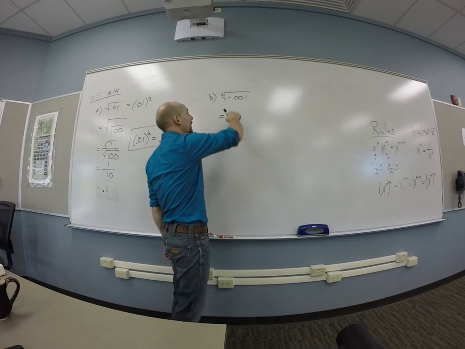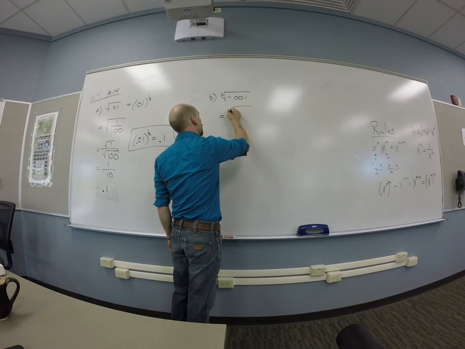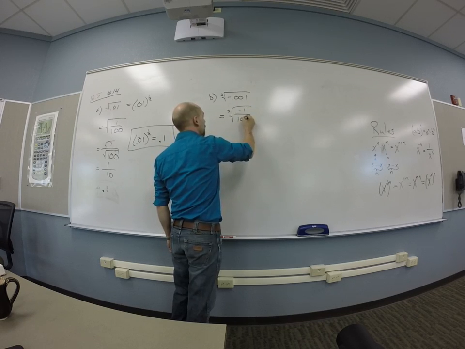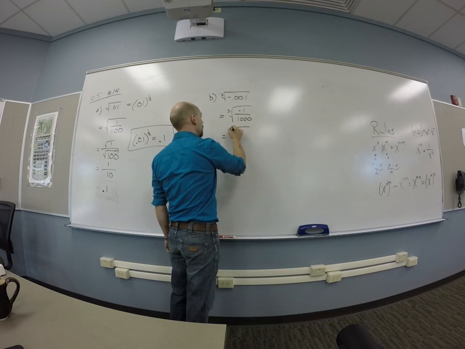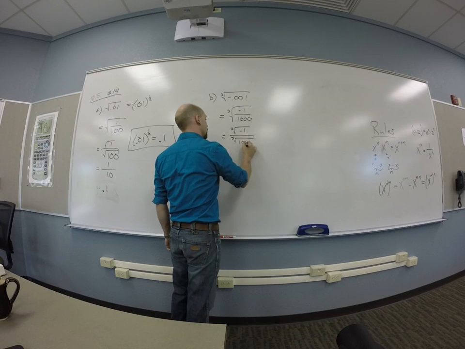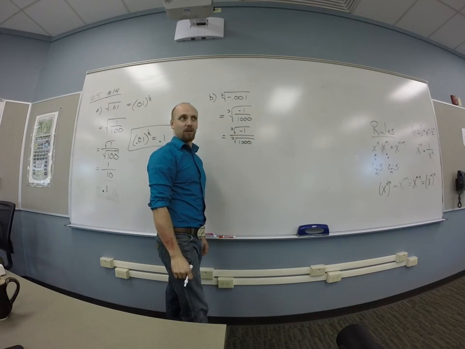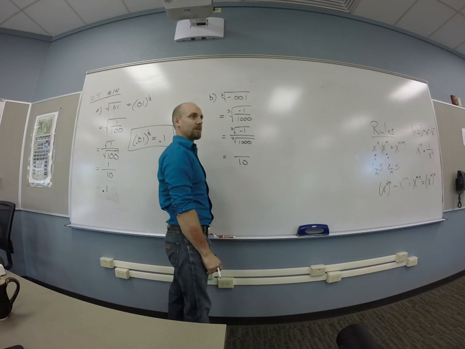Okay, so re-express this as thousands, right? So this is the cube root of what? Negative 1 over 1,000. And this is the cube root of negative 1 over the cube root of 1,000. Do I know some of this? Yeah. Okay, the bottom's 10. How about the top?